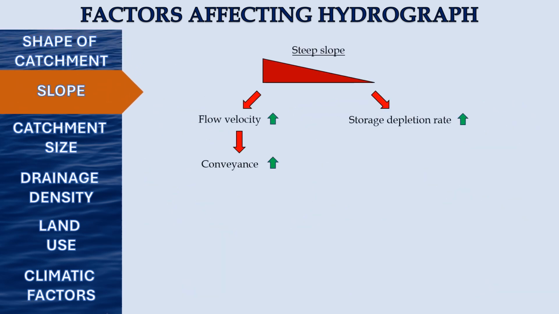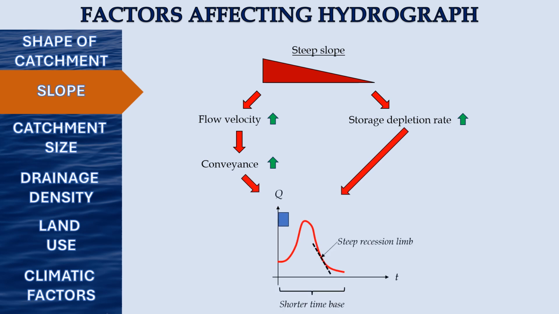Surface water flows under the effect of gravity. Therefore, when the slope of terrain and stream inside the catchment is steep, the flow velocity will be high. For this scenario, the depletion of storage occurs at a higher rate and requires less time to complete, making the recession limb steeper.